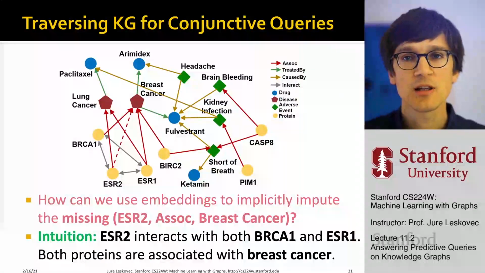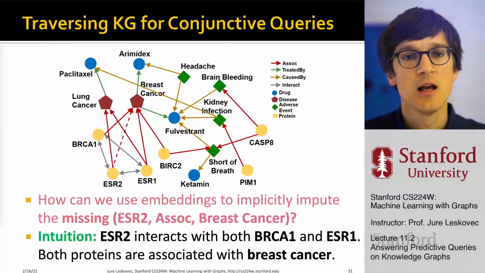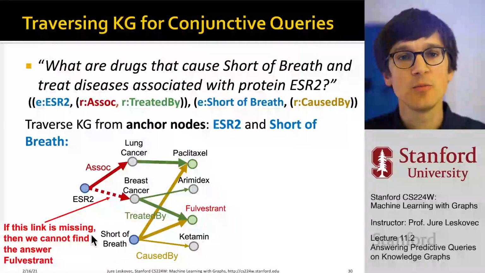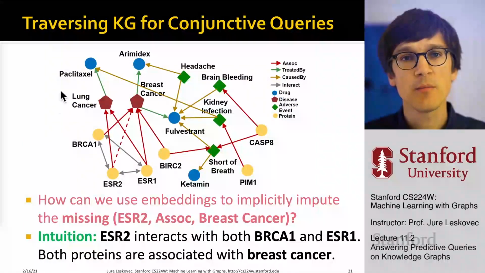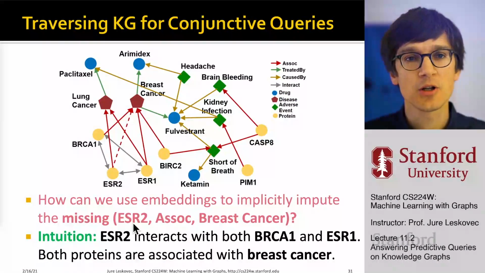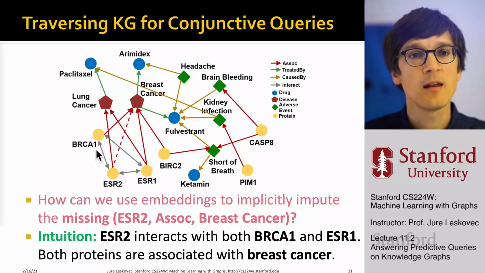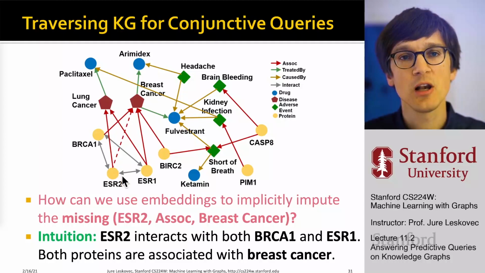So the question becomes, how can we use embeddings to implicitly impute these missing relations? And how would we even figure out that there should be a link between ESR2 and breast cancer? The hope is that our method will look at the entire knowledge graph and see that ESR2 is also associated with ESR1 and BRCA1, and that there are strong relations here.